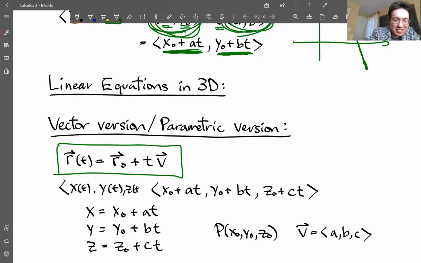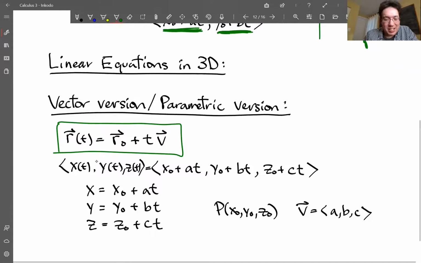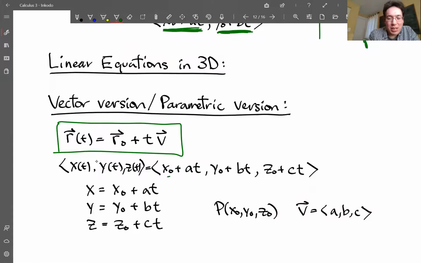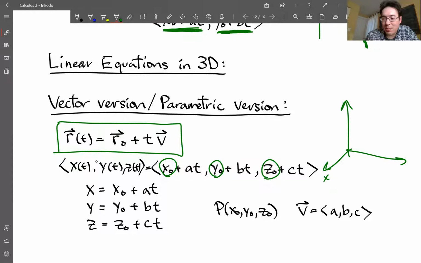So let me squeeze in a z there. Okay. All right. So we're going to start with the point x naught, y naught, z naught. So here's x, y, z axis. And we have some point in three-dimensional space, x naught, y naught, z naught. That's the starting point. And then we're going to have a directional vector ABC.